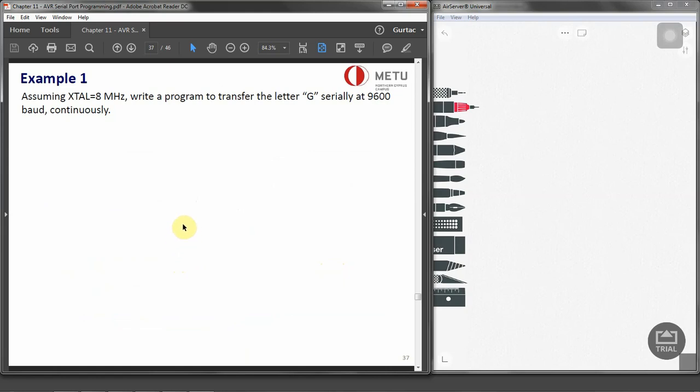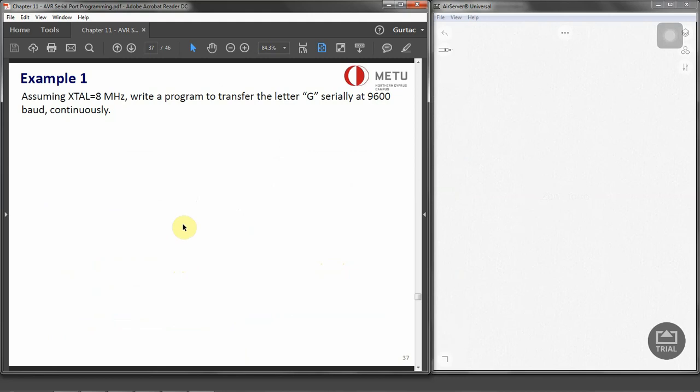So let's start with the baud rate, UBRR. We have an 8 megahertz clock, and we have to divide by 16, which gives us 500 kilohertz, and that has to be divided by the 9600 baud rate, minus 1.